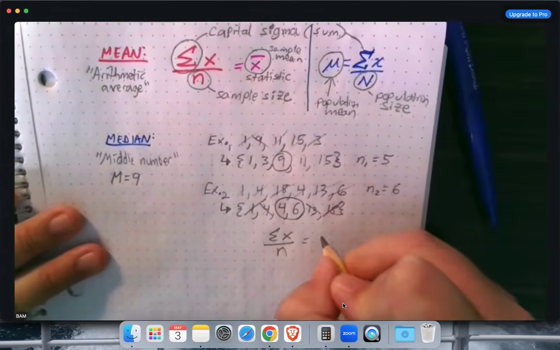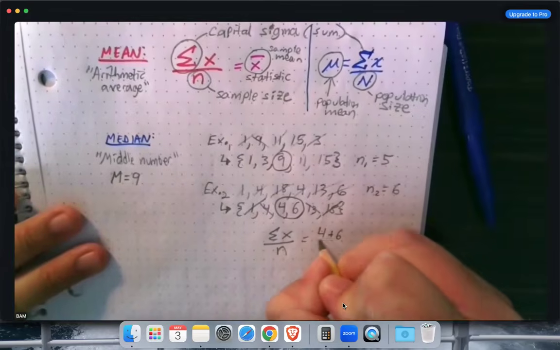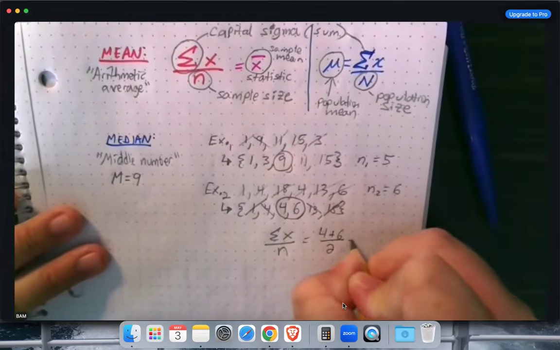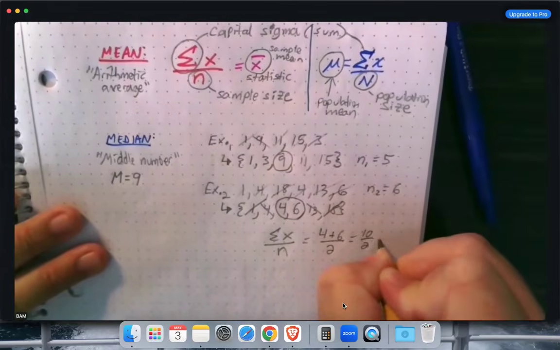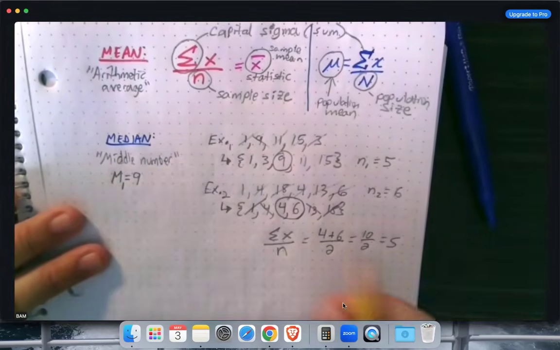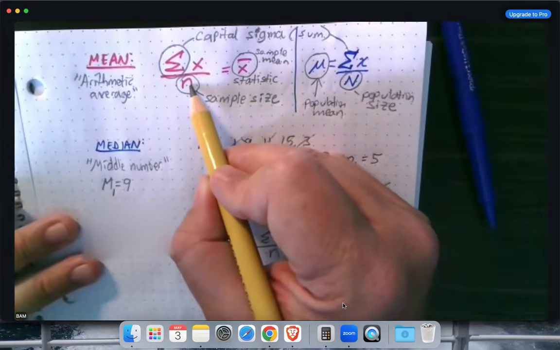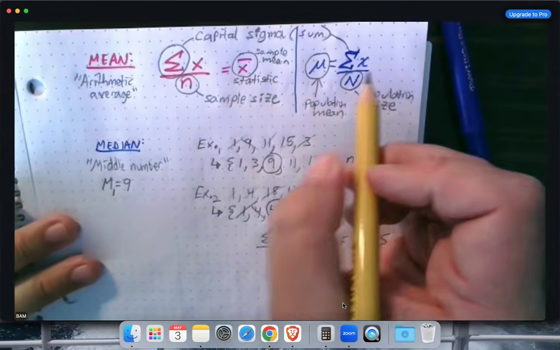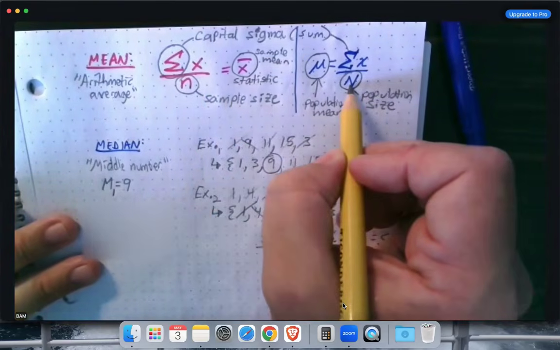And that means 4 plus 6 divided by 2, which is 5. So the first median was 1. When you're starting statistics, the sample size is n, the population size is capital N.